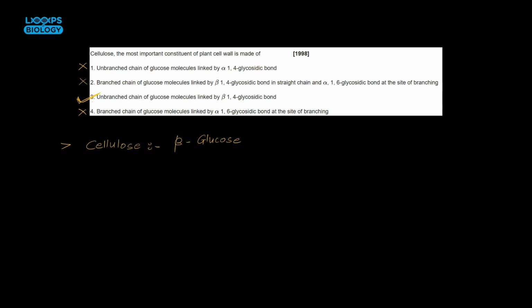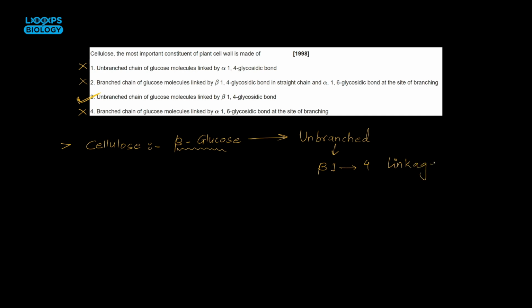But let's talk about cellulose a little bit more. Cellulose is made up of beta glucose, forming an unbranched structure with beta 1 to 4 linkage.